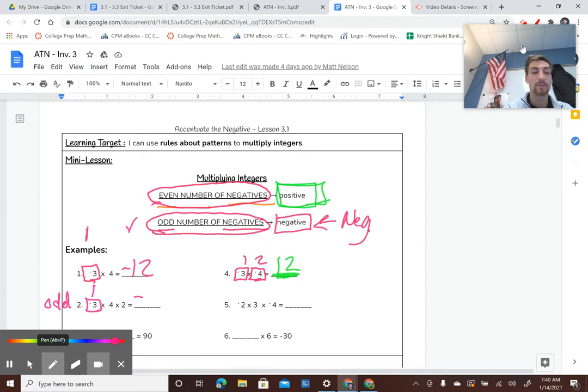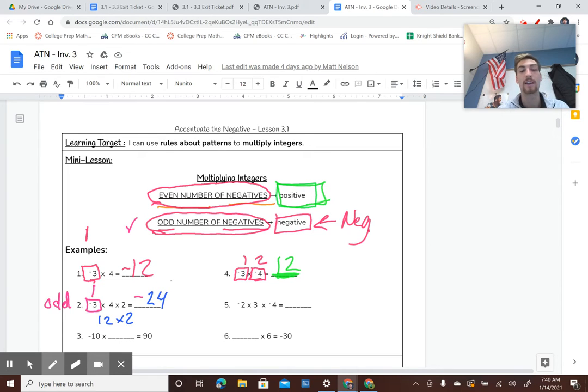And now I can just multiply like I normally would. So let's start off. 3 times 4 gives me 12, and I still have to multiply by that 2. 12 times 2 gives me 24. So my final answer here would be negative 24.